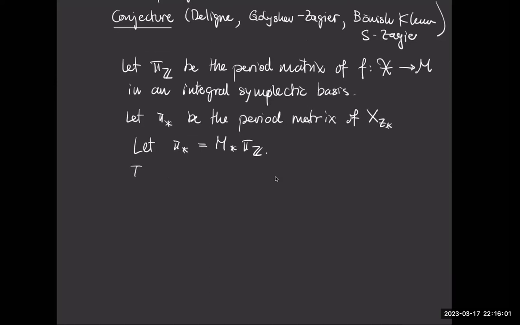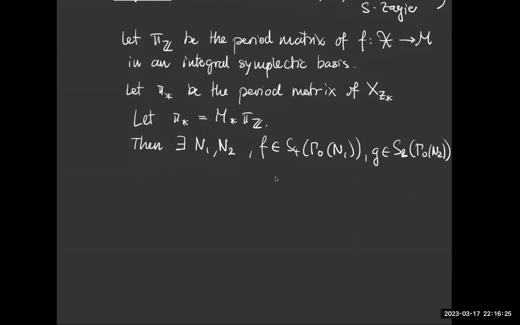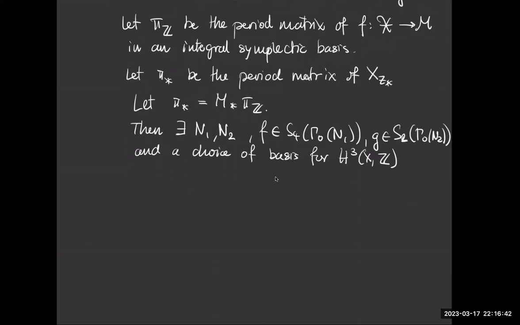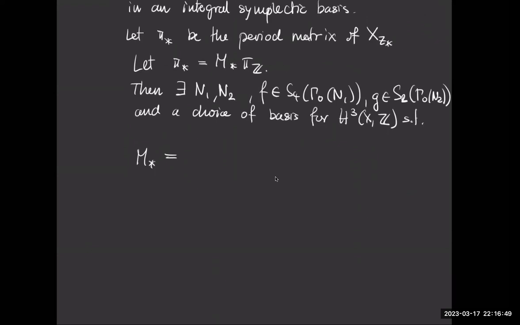And then the conjecture is there exist integers n1 and n2, a modular form F of weight 4 for Gamma_0(n1), a modular form G of weight 2 for Gamma_0(n2), and a choice of bases for H_3(X, Z), so an integral basis, such that the matrix M star has the following form.